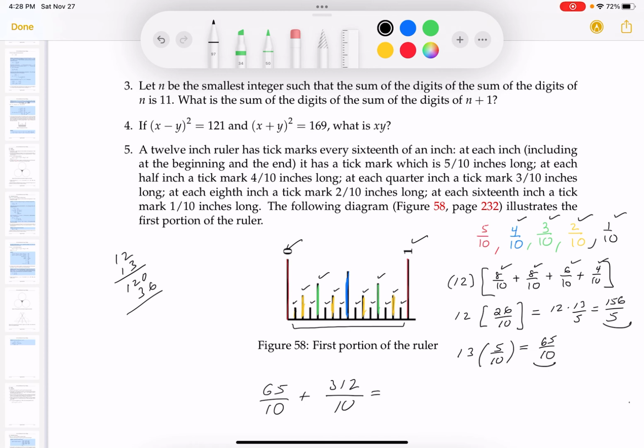And that would be, let's see, 377/10, which is going to be, let's put this down, 37.7. Well, since they're speaking in fractions, I guess I got to continue, right? So let's continue to write that down as a fraction. So it's going to be 37 and 7/10 of an inch.